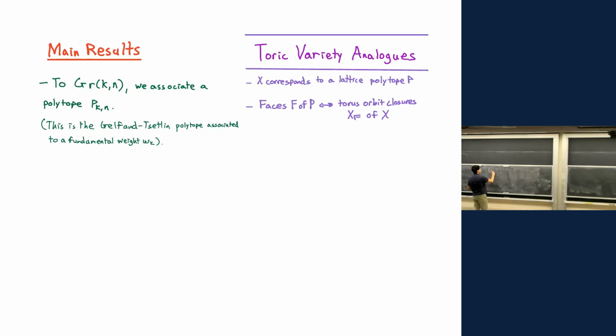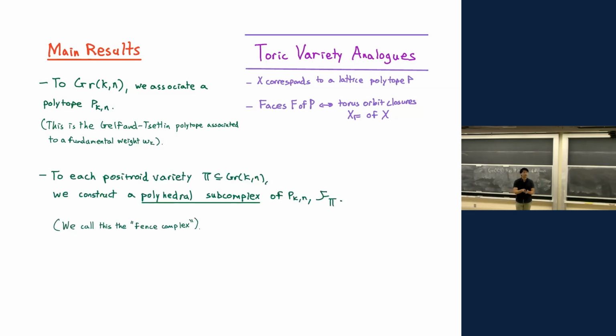But then if you consider Gr(2,4), there are, I think, 4 positroid divisors. And then you need a 4-dimensional polytope with 4 facets, which just isn't going to happen. So to the Grassmannian, we still associate a polytope. And this polytope is P_KN, I'll call it. This is the Gelfand-Tsetlin polytope associated to a fundamental weight, but you could also think of it as a certain order polytope.